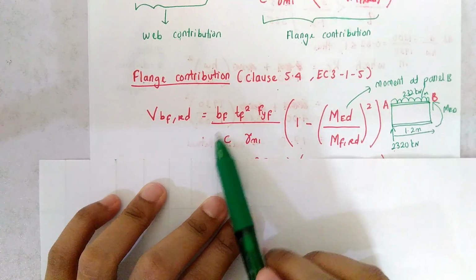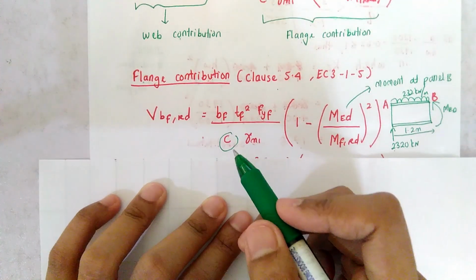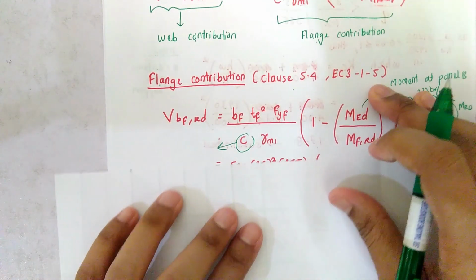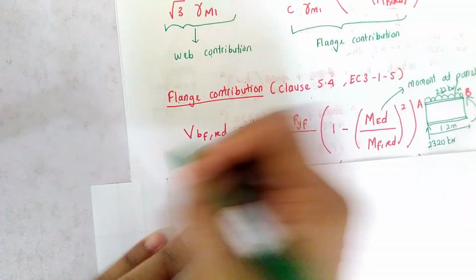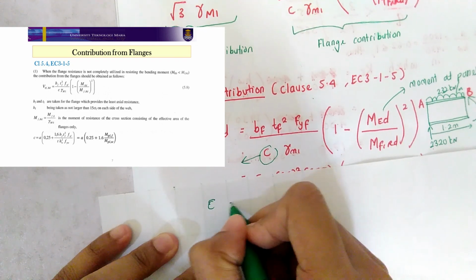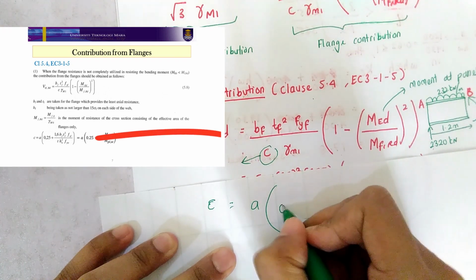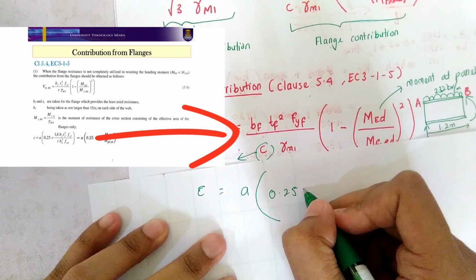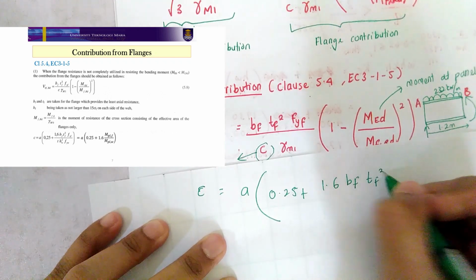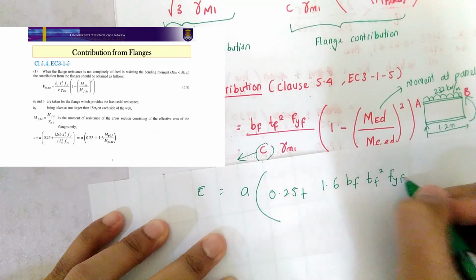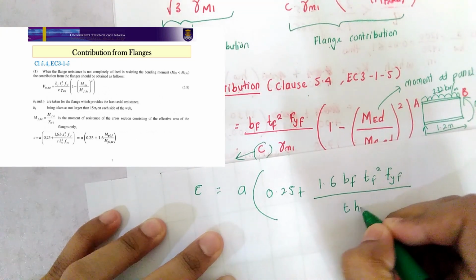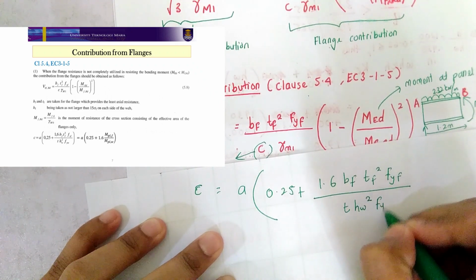So what is the C value? The C value is given by an equation: C is equivalent to A times 0.25 plus 1.6 BF TF squared FYF, divided by THW squared FYW.